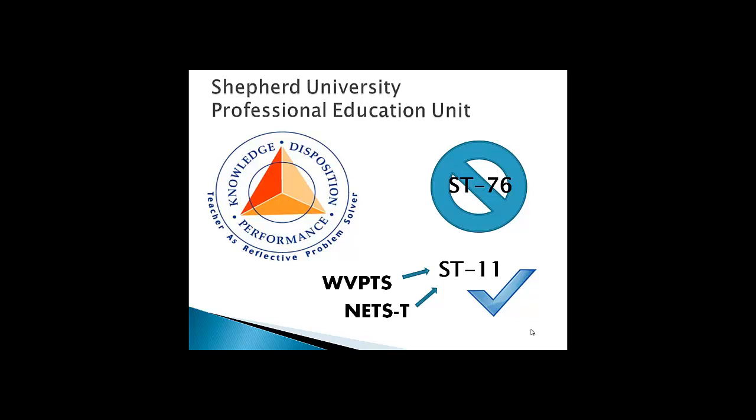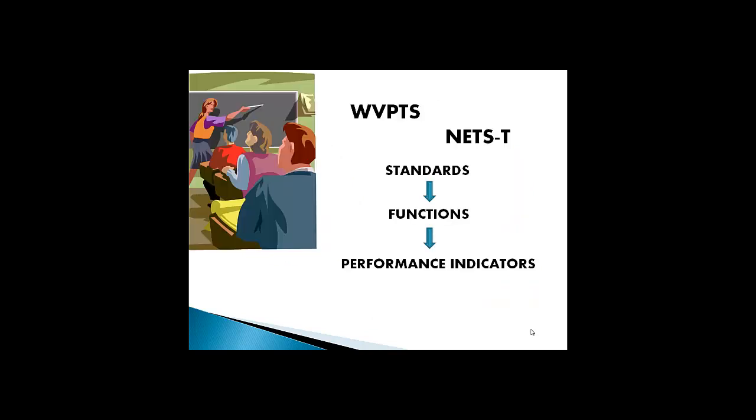First, let's define some of the terms that you will see throughout the ST11 forms. They are standards, functions, and performance indicators. The ST11 assessments are based on 5 standards. Each standard is divided into subcategories called functions that help define the standard.